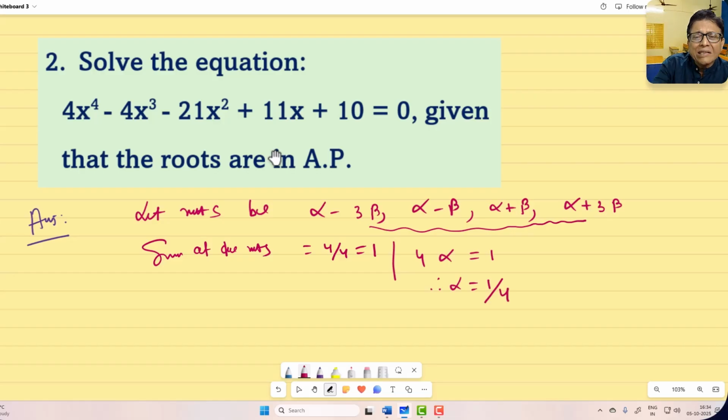We can write all 4 conditions, but let me try a different manner. I have taken the sum of the roots. I will be using just one more condition, the product, because you have taken advantage of only 2 unknowns, alpha and beta.